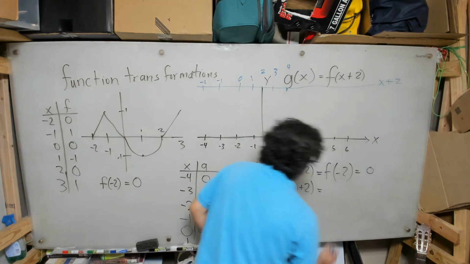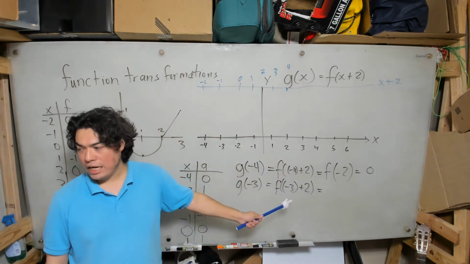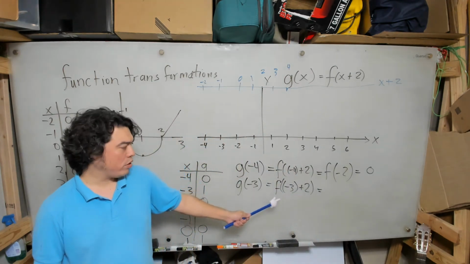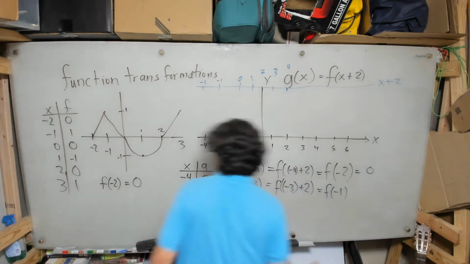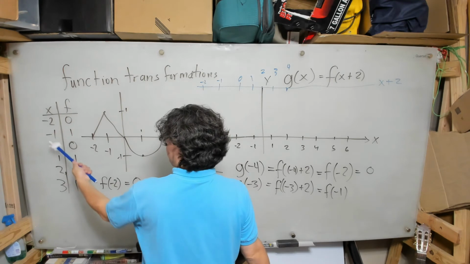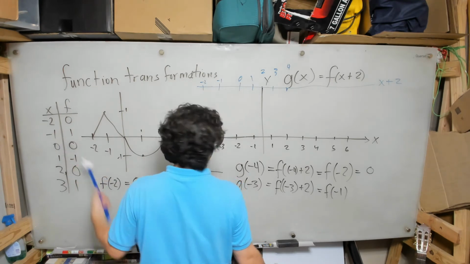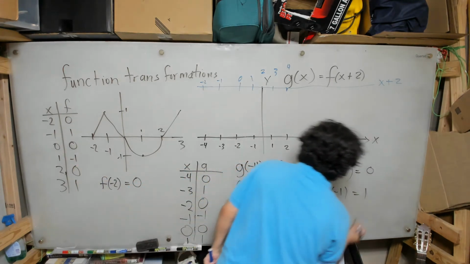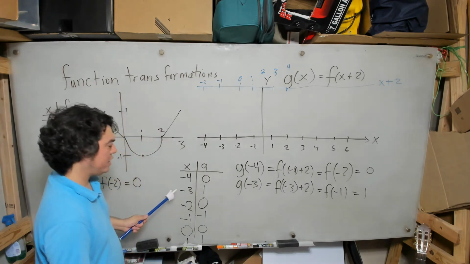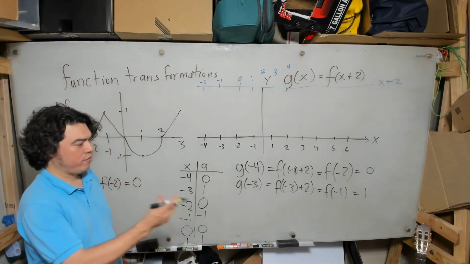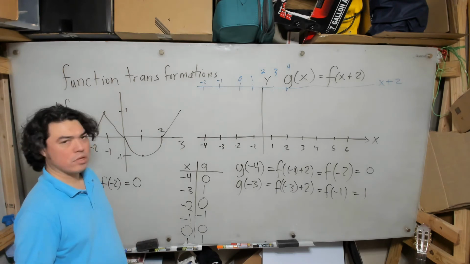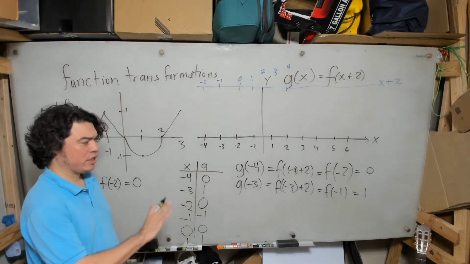Then, what is negative 3 plus 2? Negative 3 plus 2 is negative 1. So this becomes f of negative 1. And you can see that for x equals negative 1, f is 1. So I have just confirmed this second point. I could continue to do the rest, but if you want, you can do that for yourself.